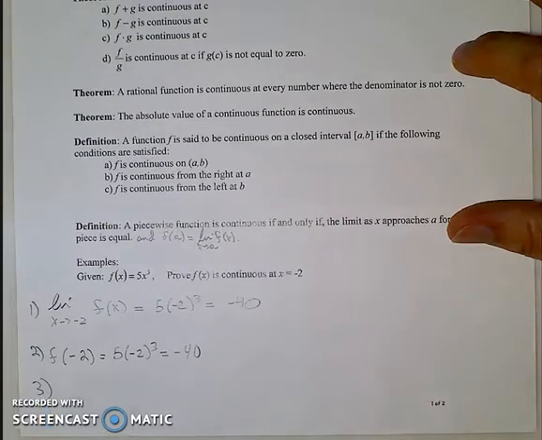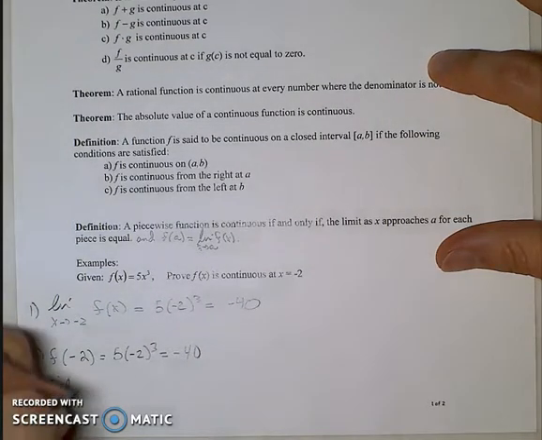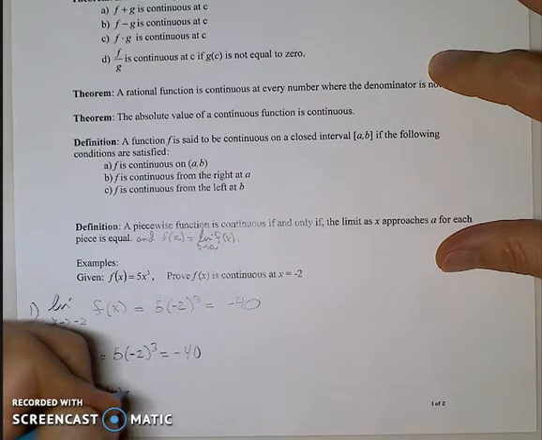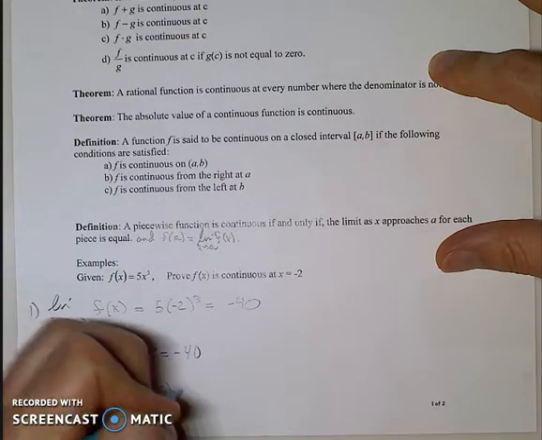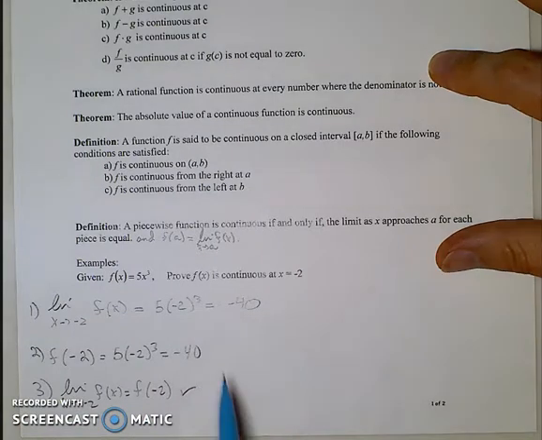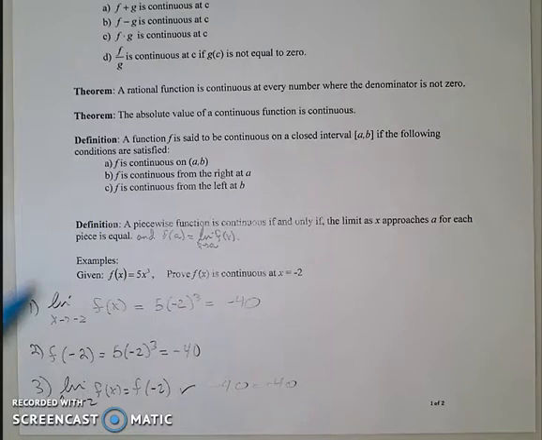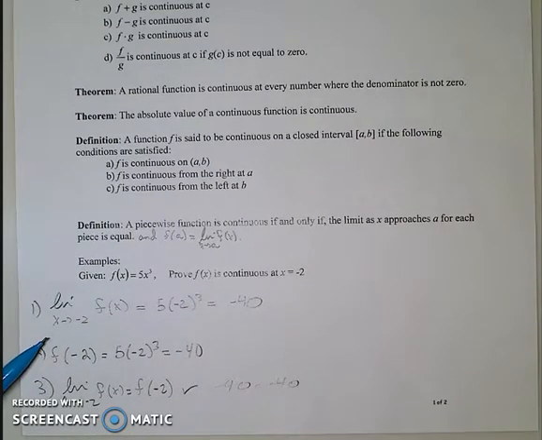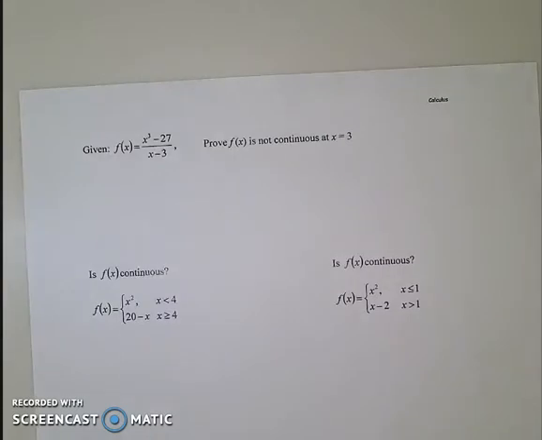Condition 3 now states that the limit, as x approaches -2 of f of x, has to equal f of -2. And we know that's true since -40 equals -40. Limit, function defined, they better be equal. That's how we're going to look at these functions that may not be so similar.